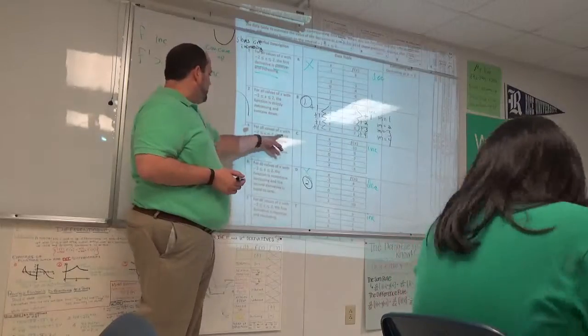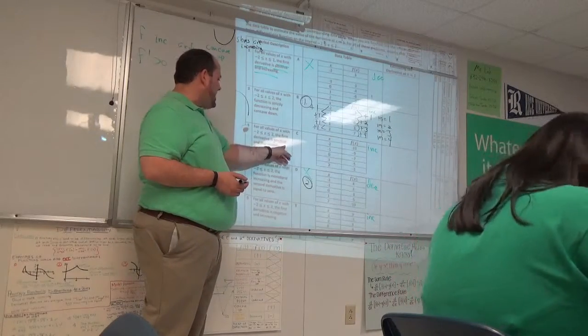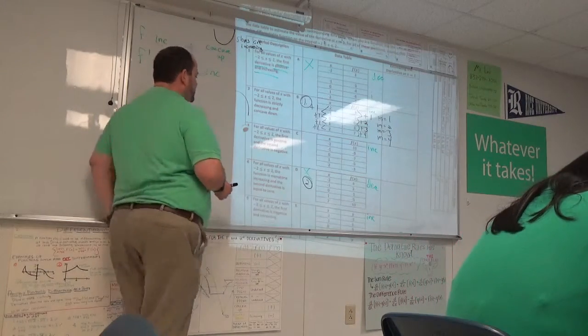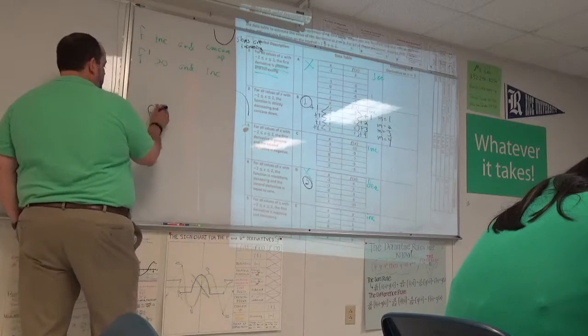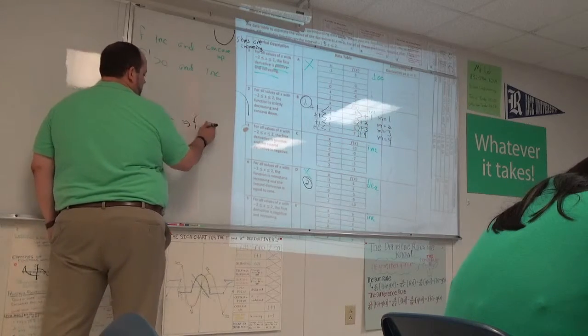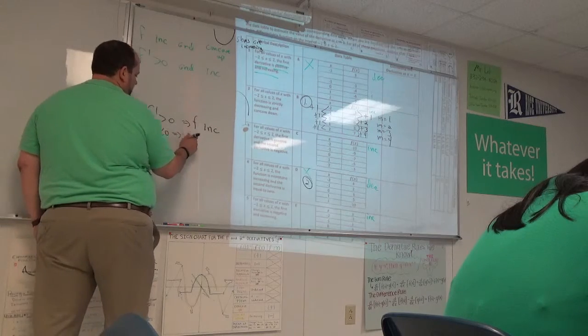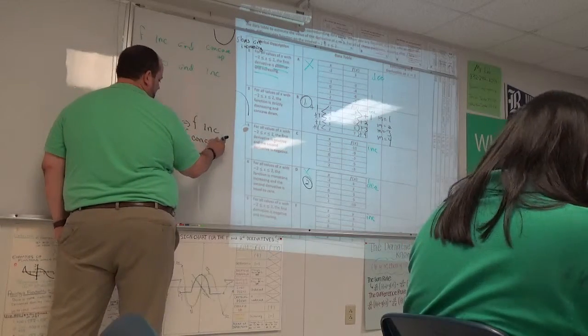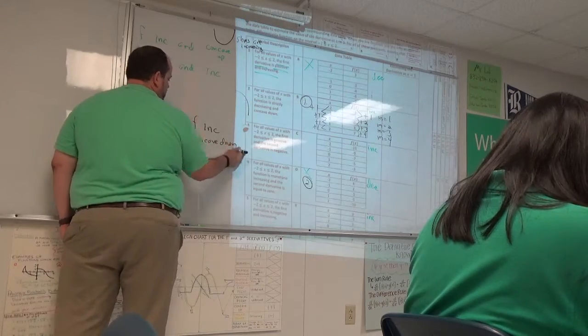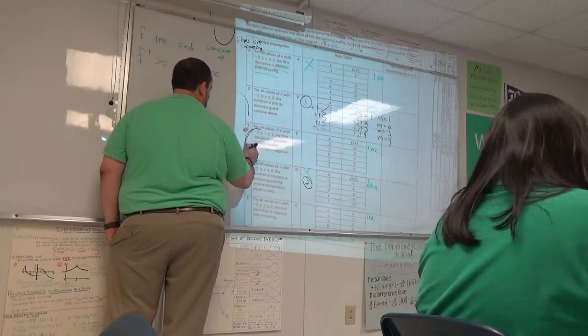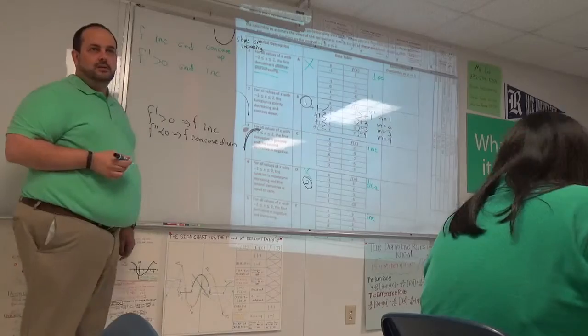Okay, number 3, for all values of x, the first derivative is positive and the second derivative is negative. If f prime is positive, f is increasing. F double prime is negative, that means f is concave down. So increasing concave down looks like that.